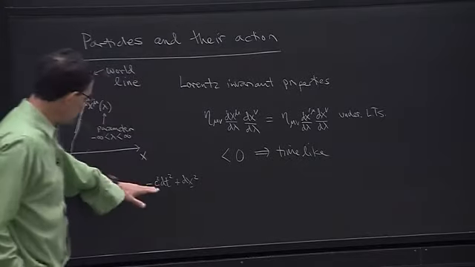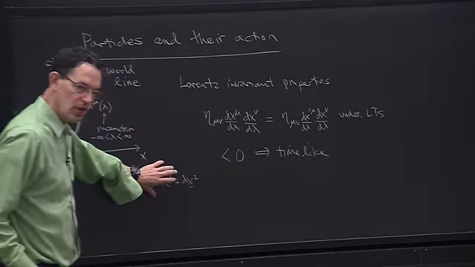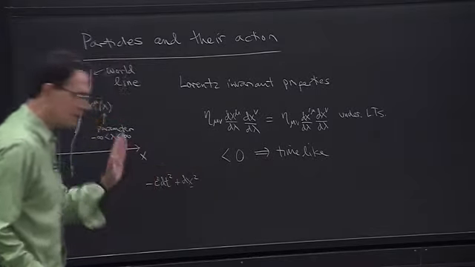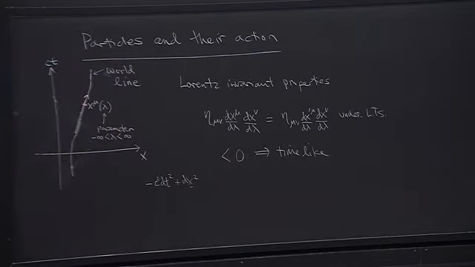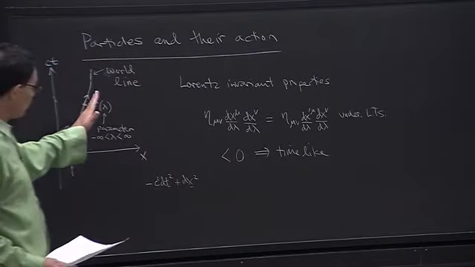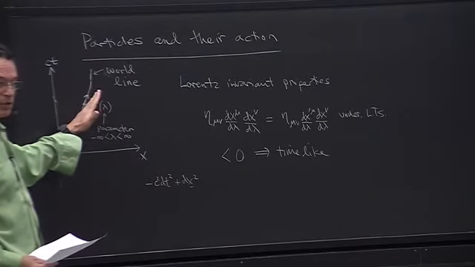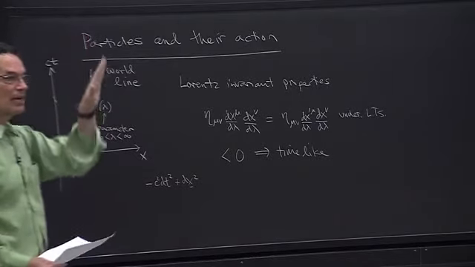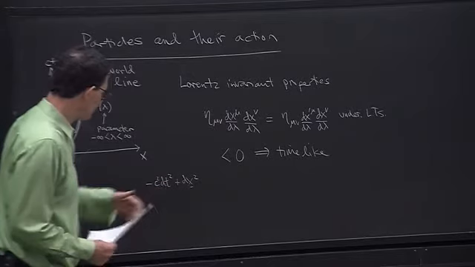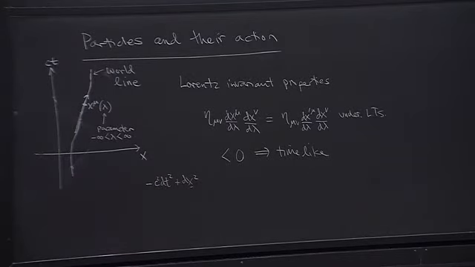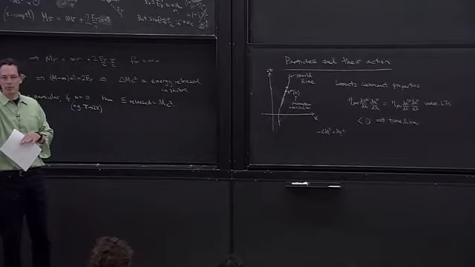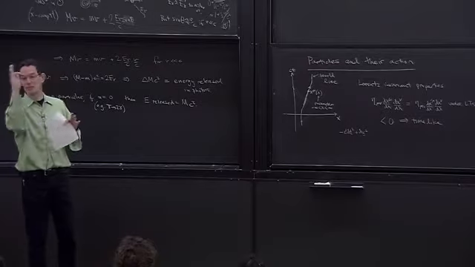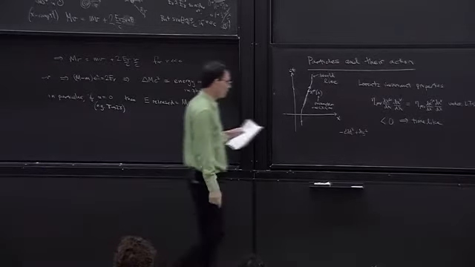If this quantity is negative, the change in time outweighs the change in space, and so it's time-like. In particular, if it's time-like, you can always choose a Lorentz frame in which it's only in the time direction. If I take any vector where the time component is bigger than the space component, I can do a Lorentz boost to a frame in which the space component is 0, and I only have a time component.